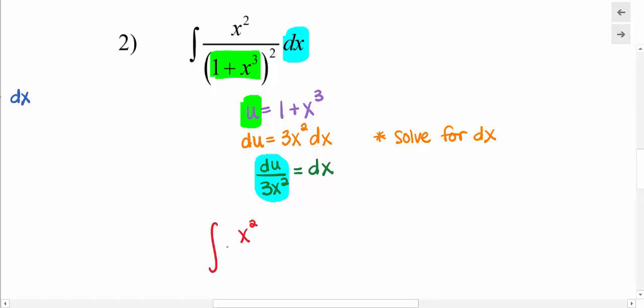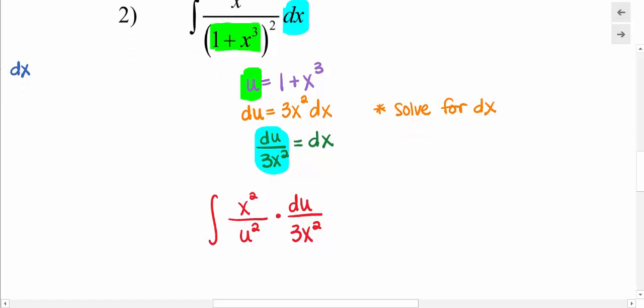X squared in my numerator is left alone. Because now the denominator is only u squared, because that's what I let my u be, times dx. So du over 3x squared was what we found dx to be.